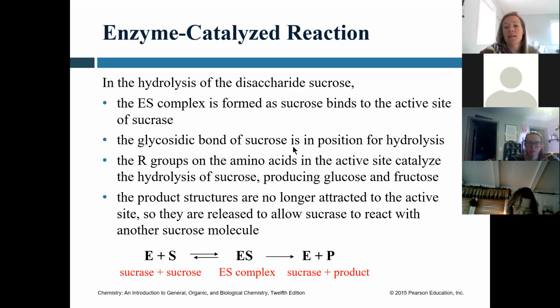What happens is the glycosidic bond in sucrose is hydrolyzed. So we break that bond in the sucrose and it breaks down to glucose and fructose. Our body can then use the glucose and fructose as needed. The enzyme, though, stays the exact same.